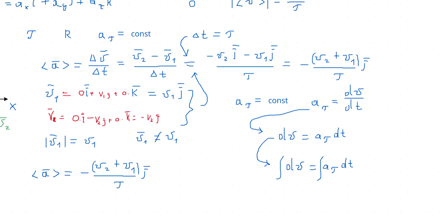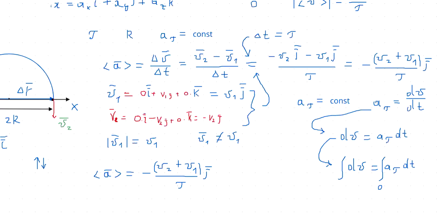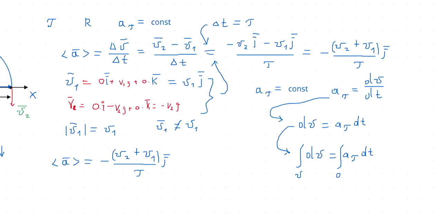Let's set the initial time as 0. Initial velocity was v1, and at moment in time t, we have velocity v.